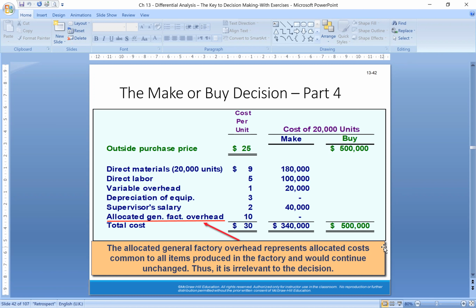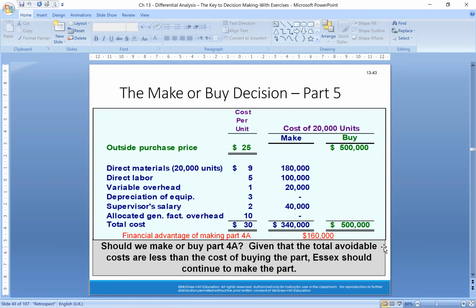Allocated general factory overhead represents allocated costs common to all items produced in the factory and would continue unchanged. Thus, this is irrelevant for our decision. The word allocated means it has happened in both cases, which means it is irrelevant for our decision.